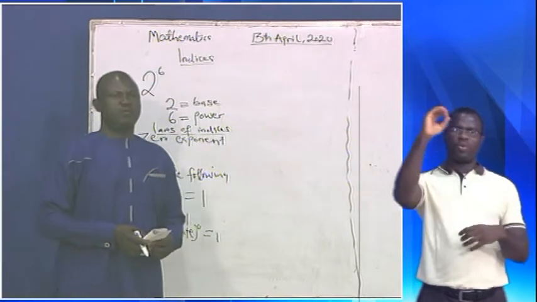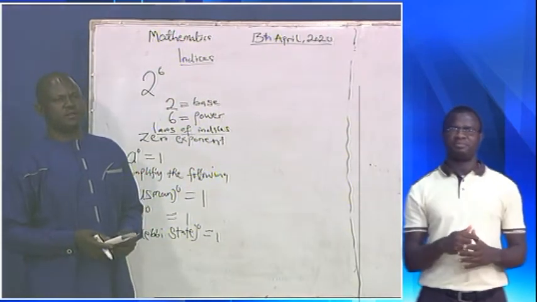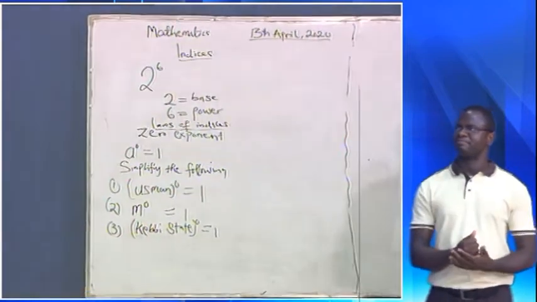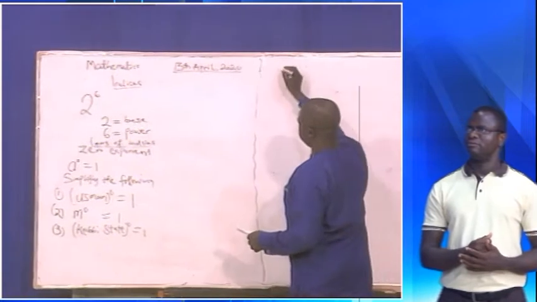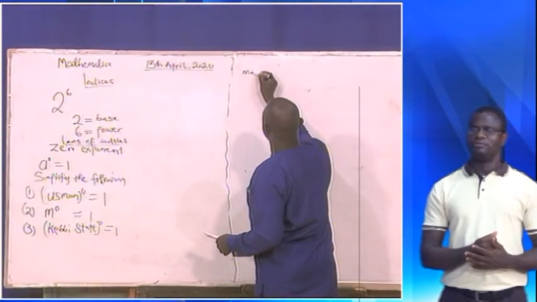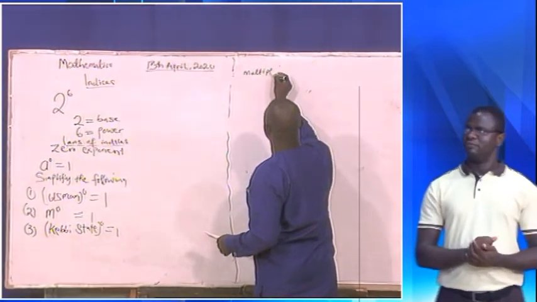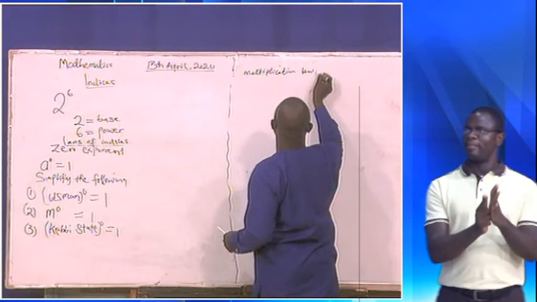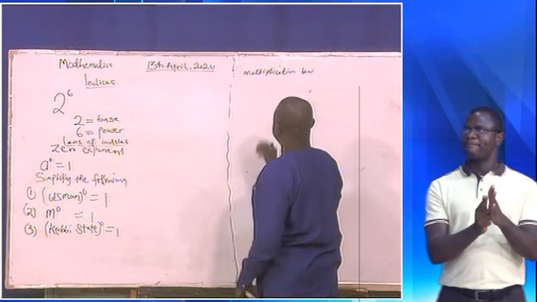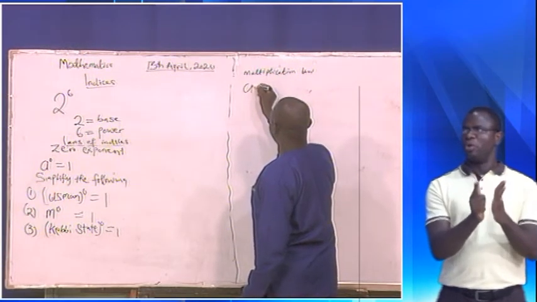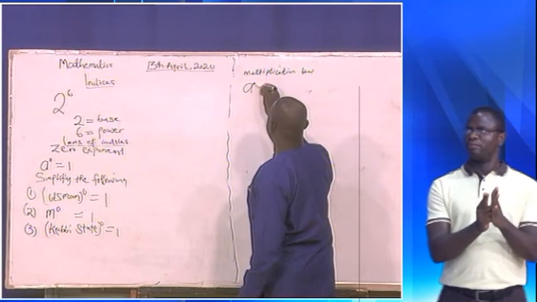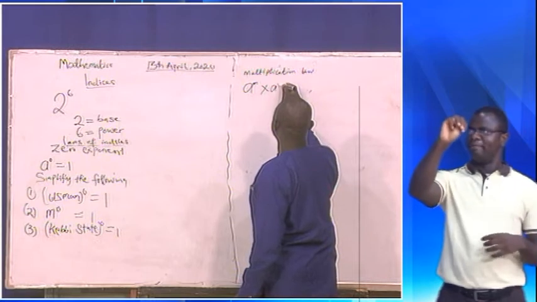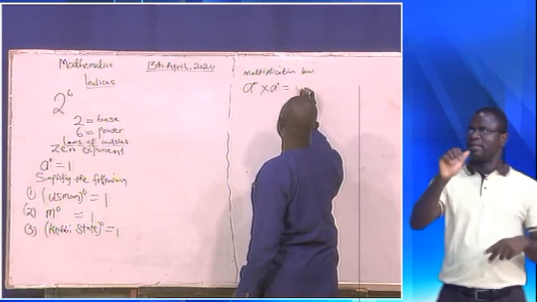Now, we would like to move to the second law, which is the multiplication law. Under multiplication, if we have a raised to power m multiplied by a raised to power n, the end result is what?